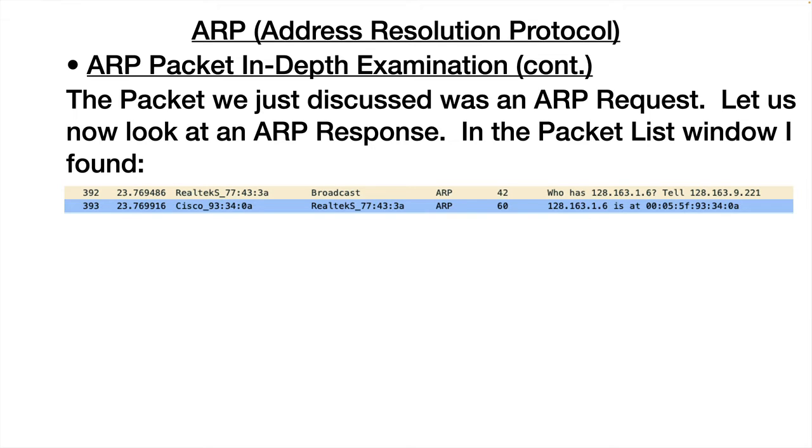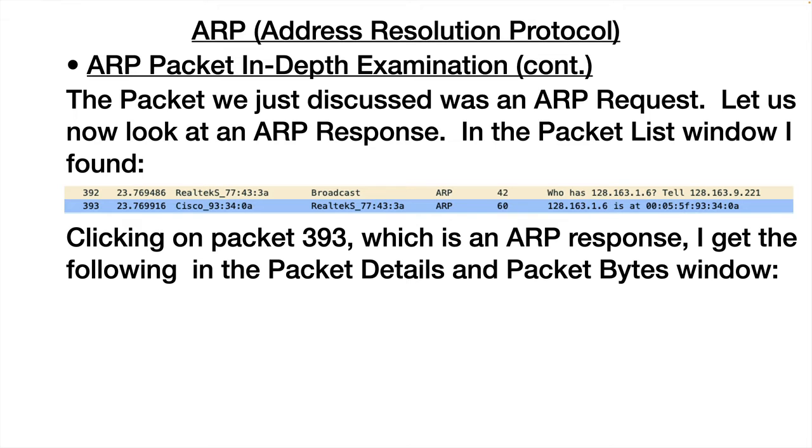Tell me. And then a machine responded and said 128.163.1.6 is at this MAC address on the local network. So that is the ARP response.